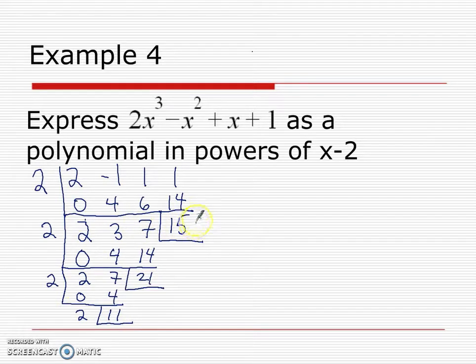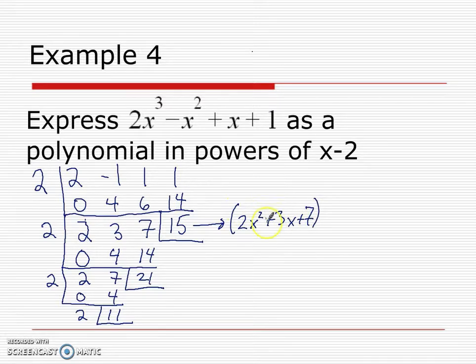this repeated division, and see what it really means for us, right? Each line is a re-representation of this polynomial after repeated division by x minus 2. So this first division, right, what is it saying? It's saying we have a quotient of 2x squared plus 3x plus 7.